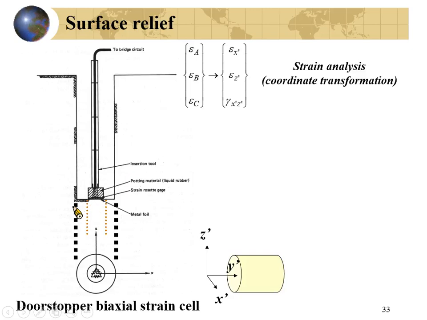So if you overcore it, you will have epsilon A, epsilon B, and epsilon C in 3 different directions. Then you can calculate epsilon x prime, epsilon z prime, and gamma x prime z prime in this coordinate system.